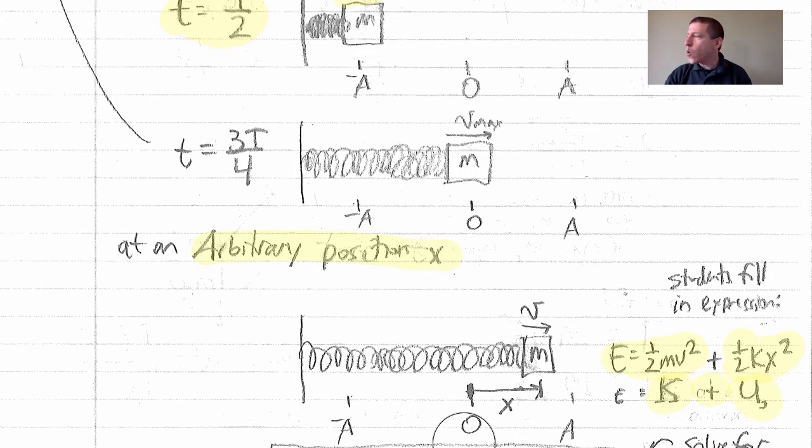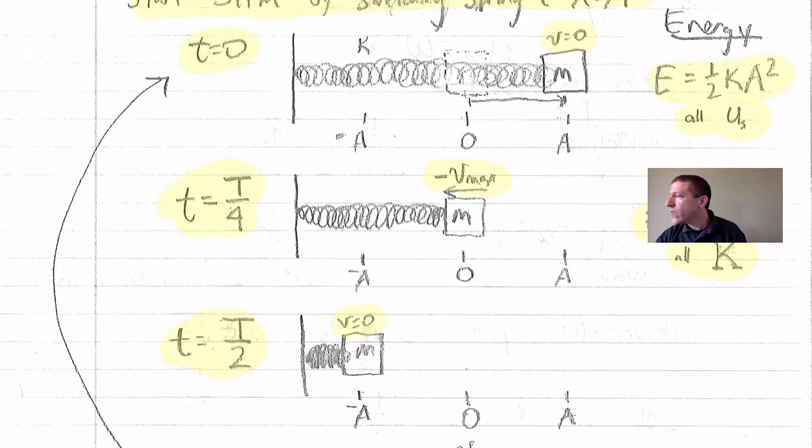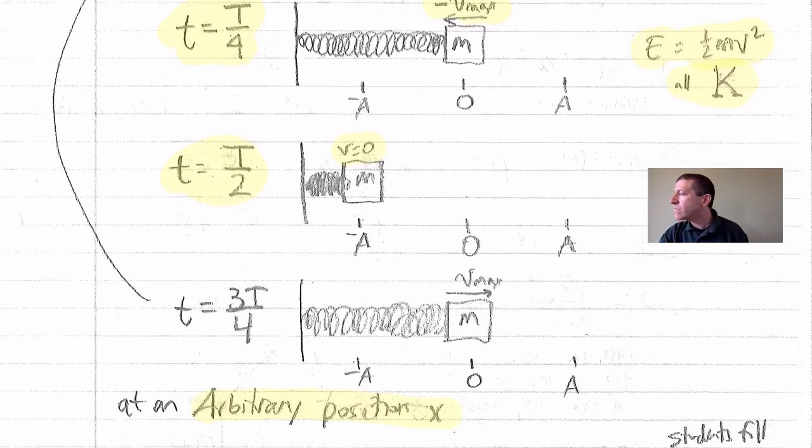Now, because the total energy always has to be 1/2 kA squared, back right there, you can see this is the expression for the total energy. The total energy is never going to change, and we've found an expression for it, so the sum of the energies always has to be equal to that.